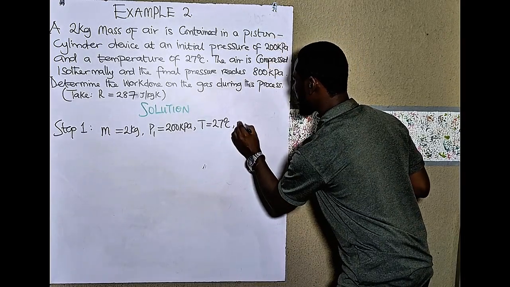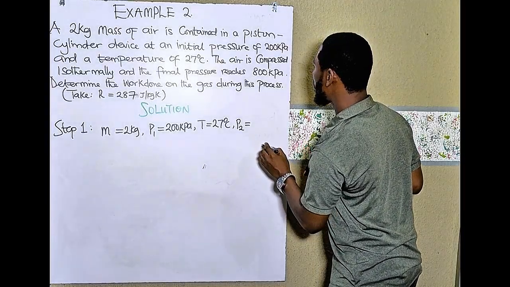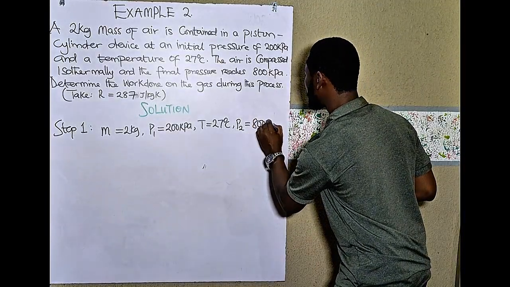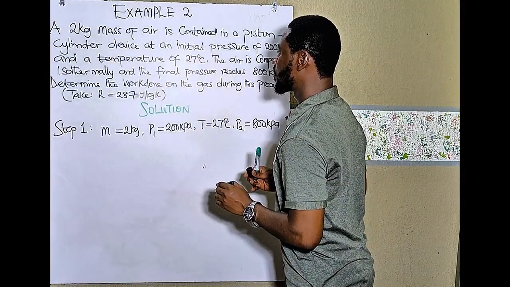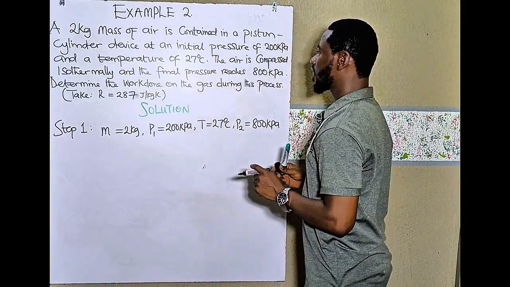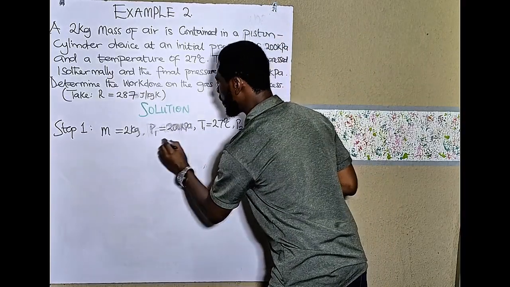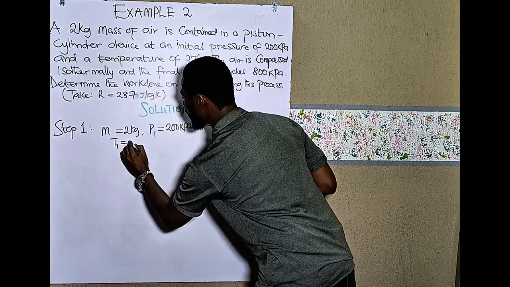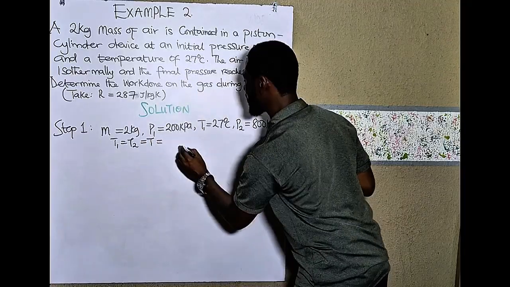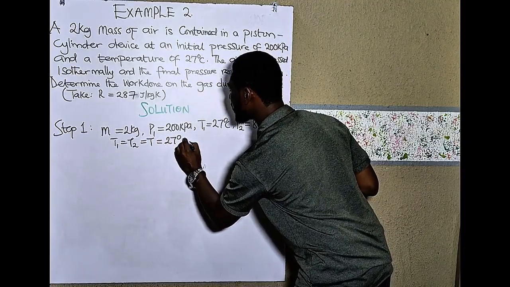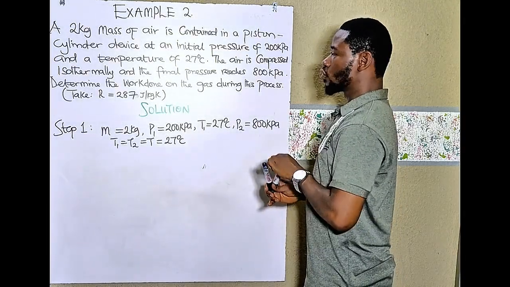The final pressure P2 equals 800 kilopascal. Since the air is compressed isothermally, T1 equals T2, which is the same thing as T, which is given as 27 degrees Celsius.